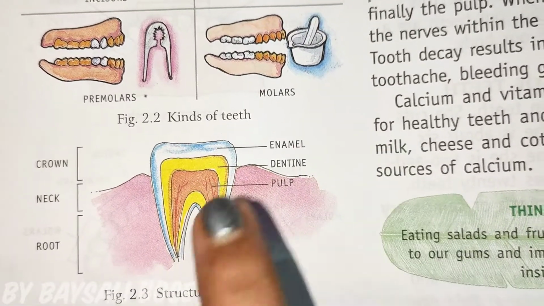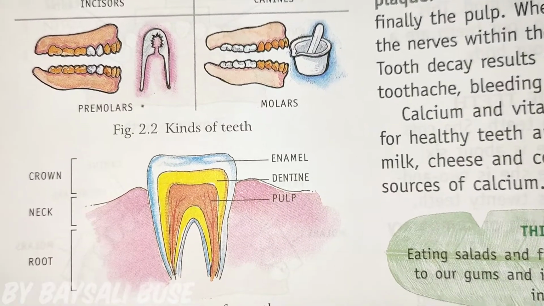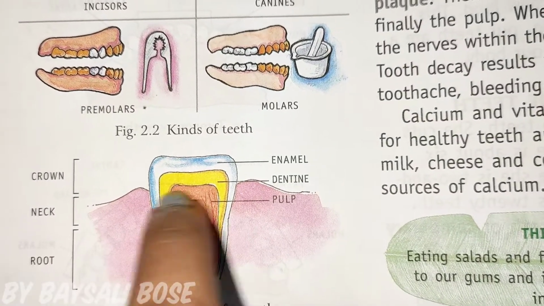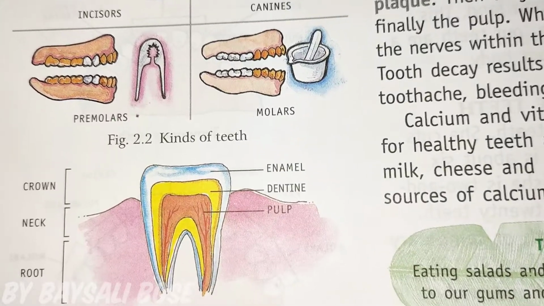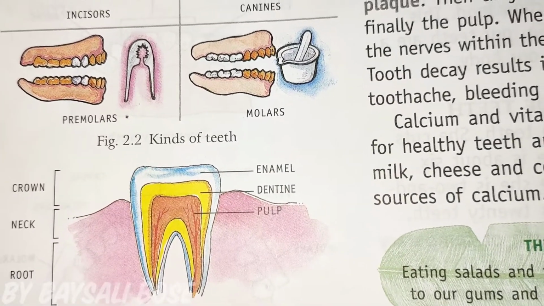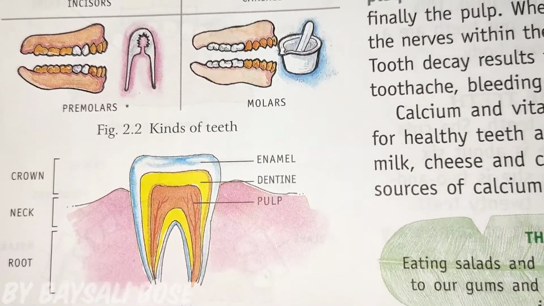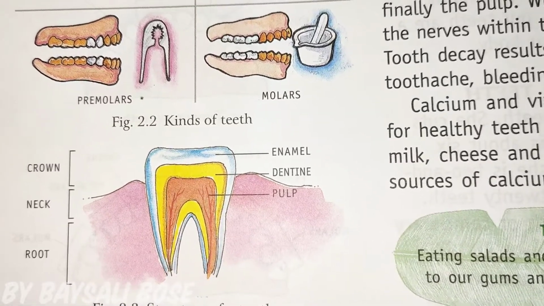The part which you can see is known as the crown, and the next part, which is just below the crown, is the neck, and where you have the nerve ending, that is the root.